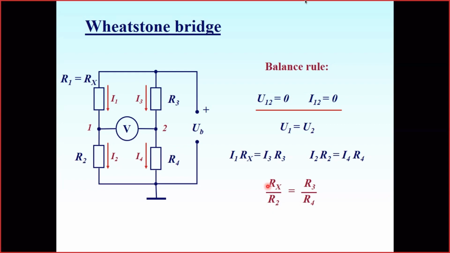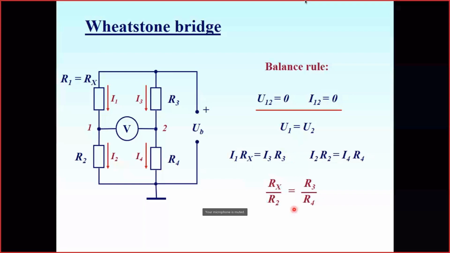So if I take R2 and R4 equal, I get Rx equal to R3. If I take R4 10 times higher than R2, I will get that Rx is 10 times lower than R3.